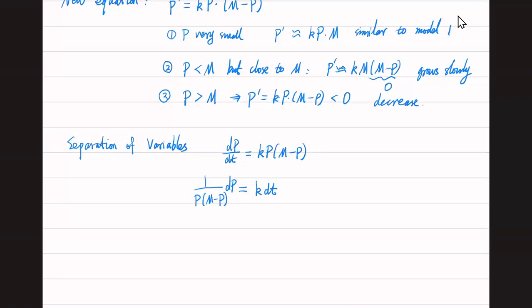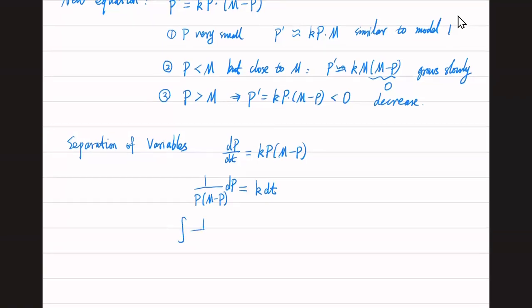Then we integrate. On the left-hand side, it is an integration with respect to the variable p, and the right-hand side, integration with respect to the variable t.